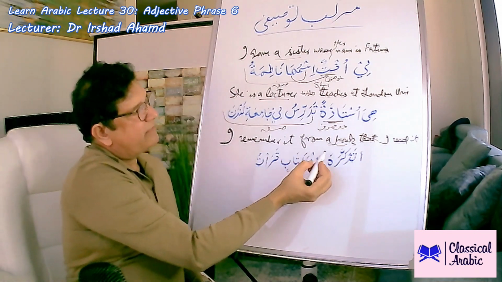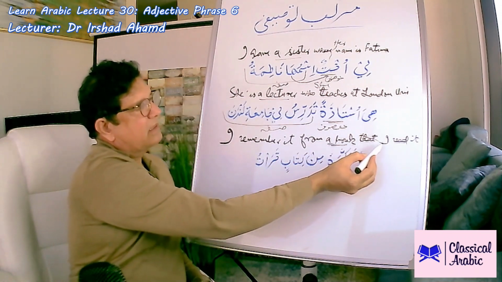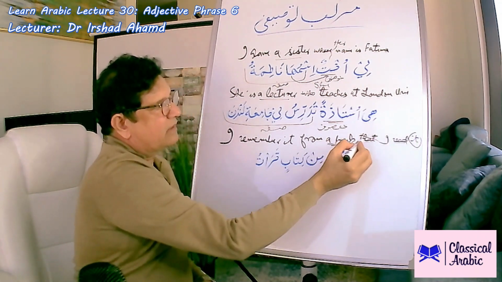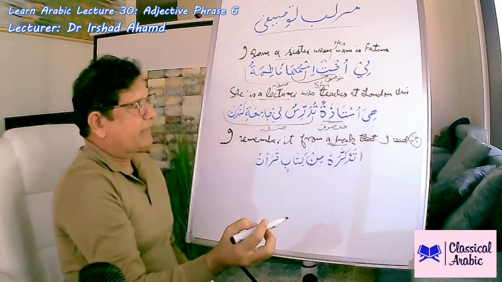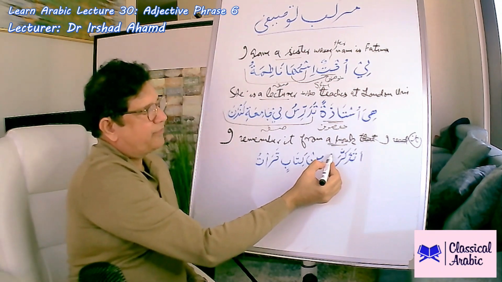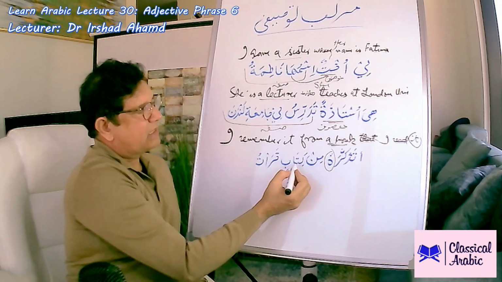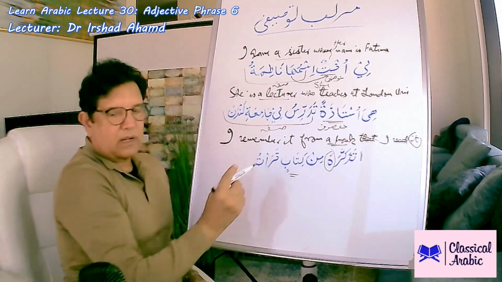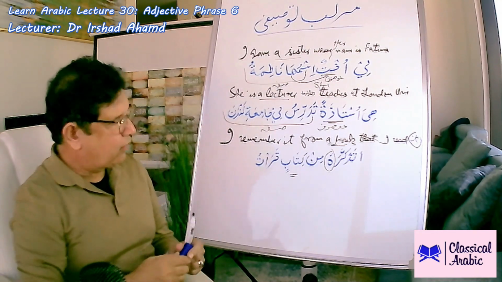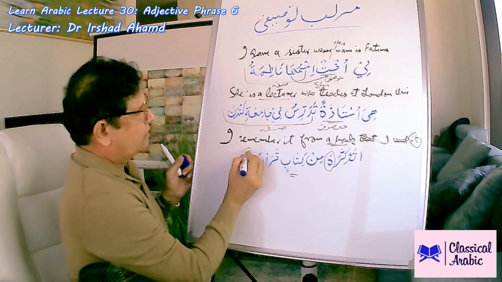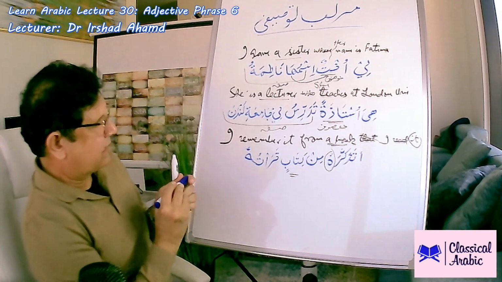I remember it from a book that I read. I read it basically in Arabic, because we're going to lose that. So atazakkaruhu, I remember it. Min kitabin, from a book. Qara'tuhu, I read it.